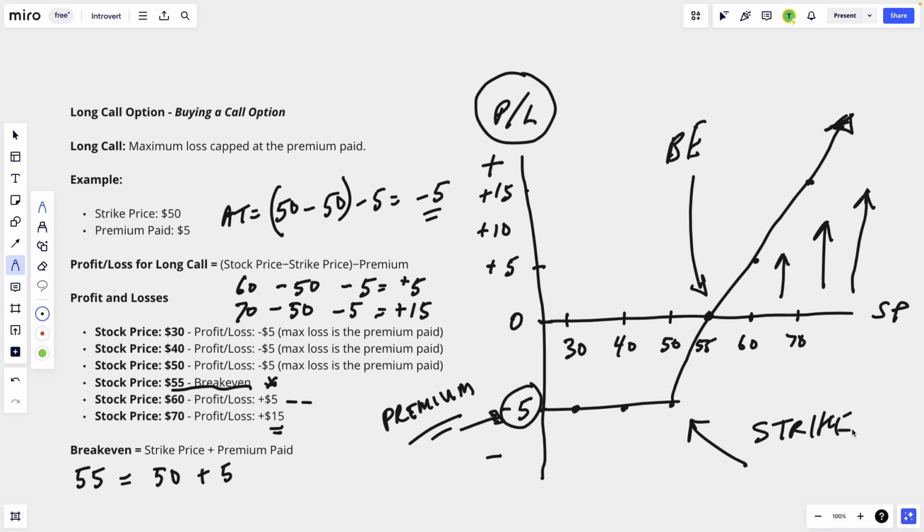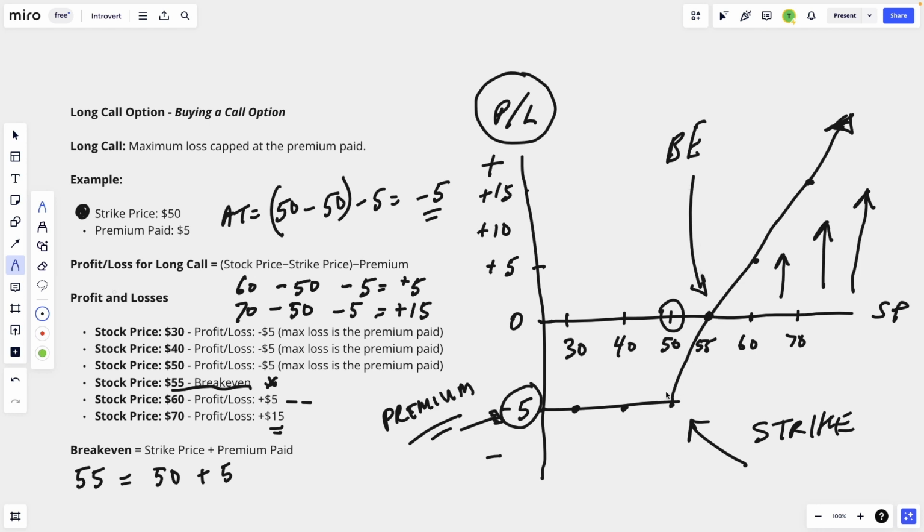So, my diagram is not super straight, but if we chart this all the way up, that's right at 50, and 50 is the strike price for this particular option. So that is something that you can tell when you're looking at these diagrams. The bend right there is going to be the strike price. Where it intersects the x-axis is going to be the break-even.